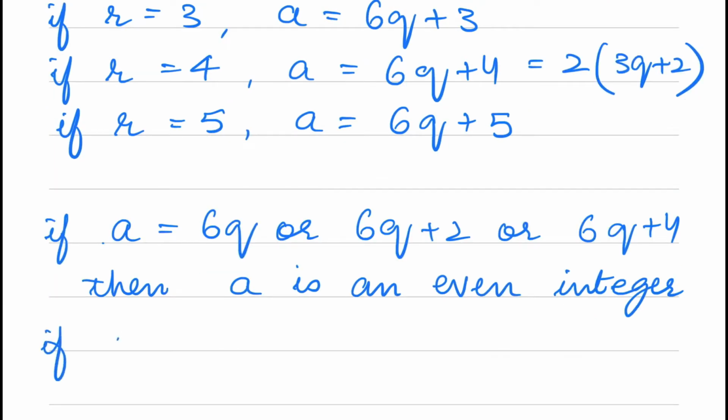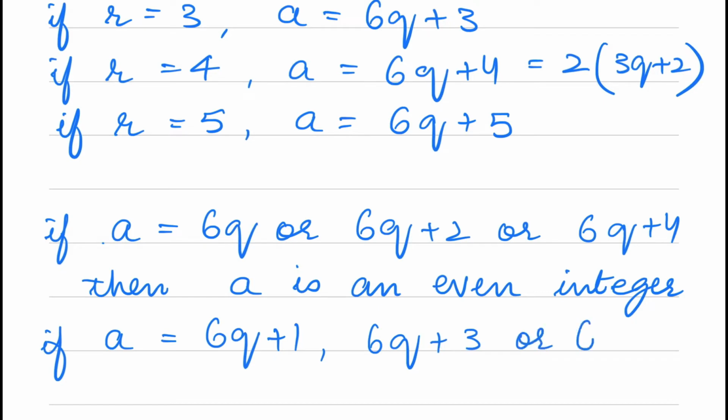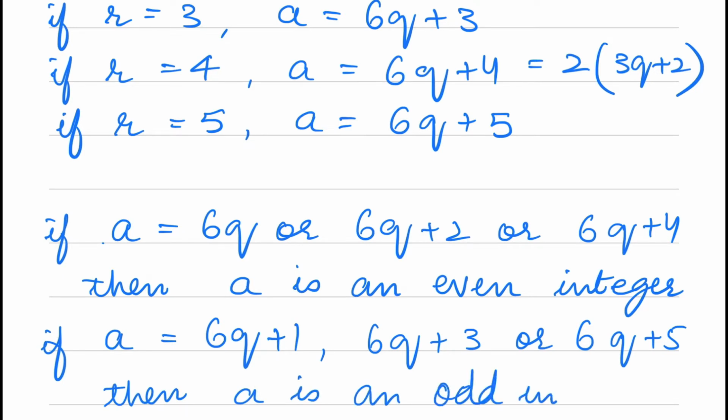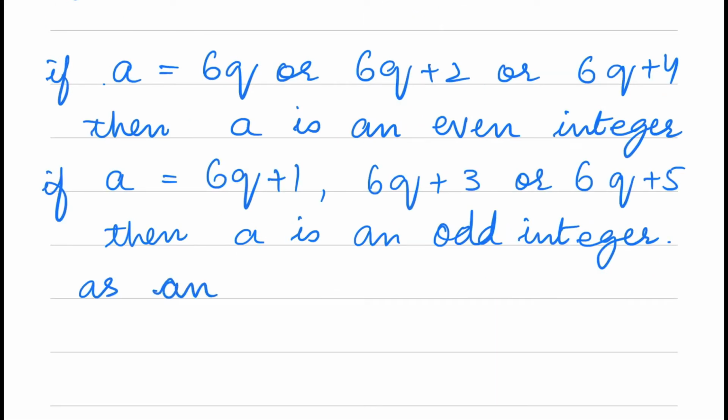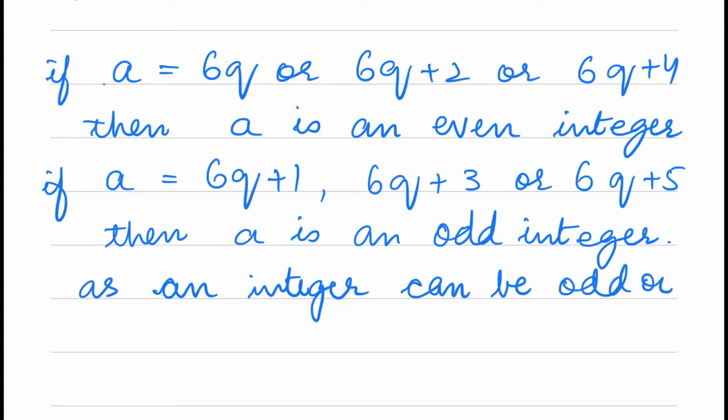And if a is equal to 6q plus 1 or 6q plus 3 or 6q plus 5, then a is an odd integer, as an integer can be odd or even. Hence shown.